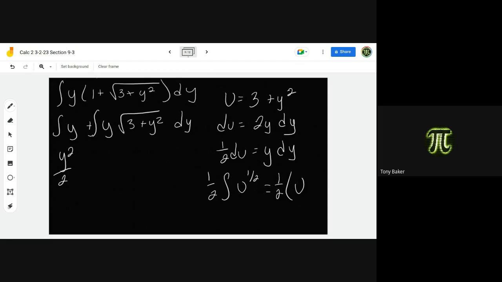You need to add one. Oh, yeah. 3/2. Times 3/2, or 2/3, because you just flip it over. So this equals 1/3 the square root of 3 plus y squared to the third power.